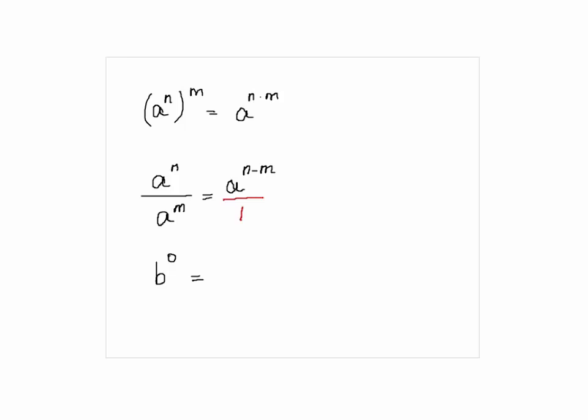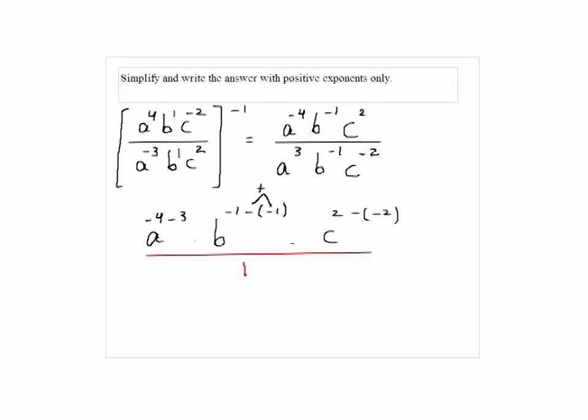Okay, but what do you think b to the power of 0 is equal to? Okay, when I ask you a question, if you don't know it, just go ahead and put the x next to your name. B to the power of 0 is not equal to 0.